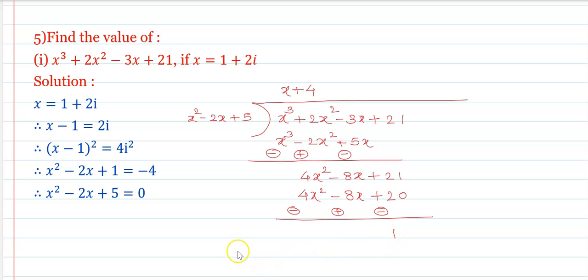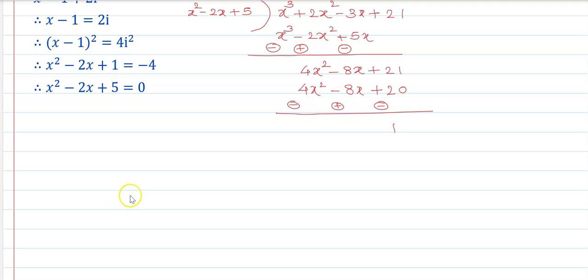And hence by the remainder theorem, division algorithm, we can write that dividend is equals to divisor into quotient plus remainder.